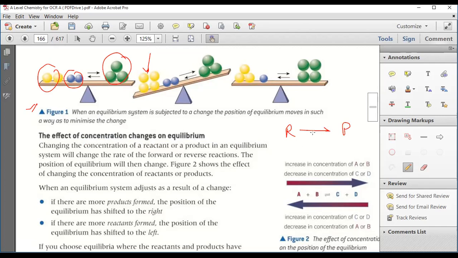So there is a reaction in which reactant gives product, and product can again give back reactant. It means reactants combine together and give a product, and the product again dissociates and gives back the reactant. Okay. Now, the effect of concentration.